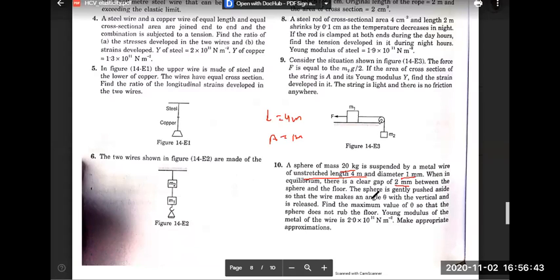The sphere is gently pushed aside so that the wire makes an angle of 30 degrees with the vertical. It is actually like this, and it is pushed, so it is making theta now. Now find the maximum value of theta so that the sphere does not rub the floor.